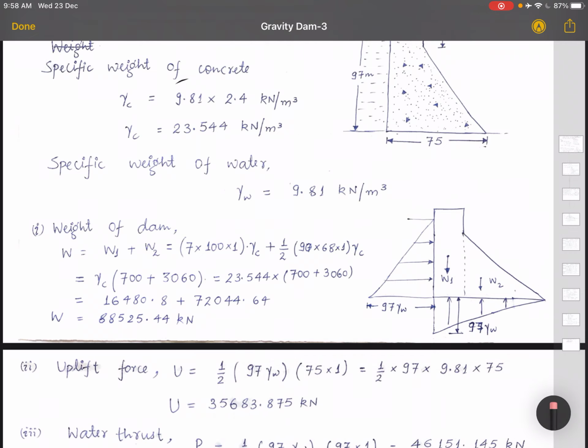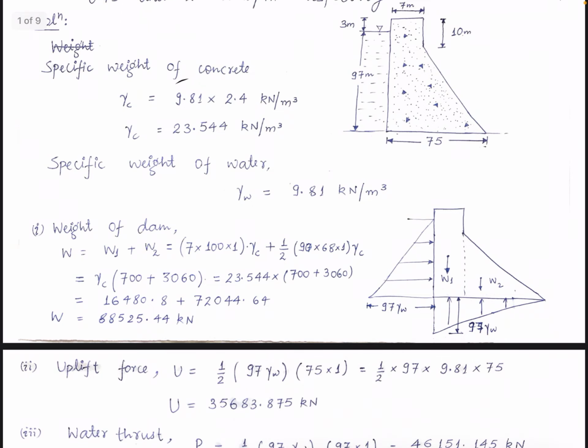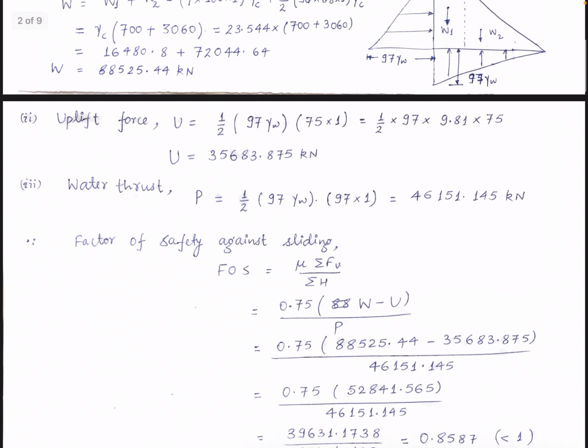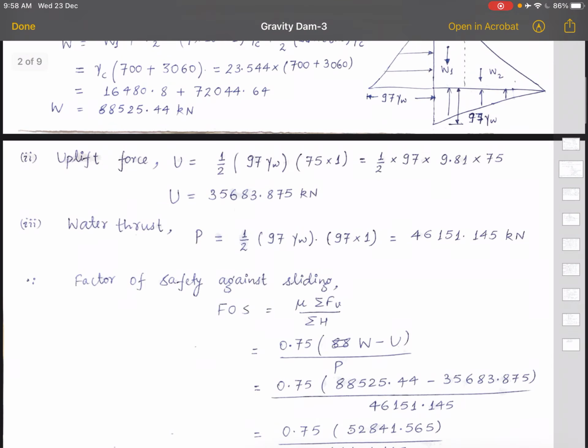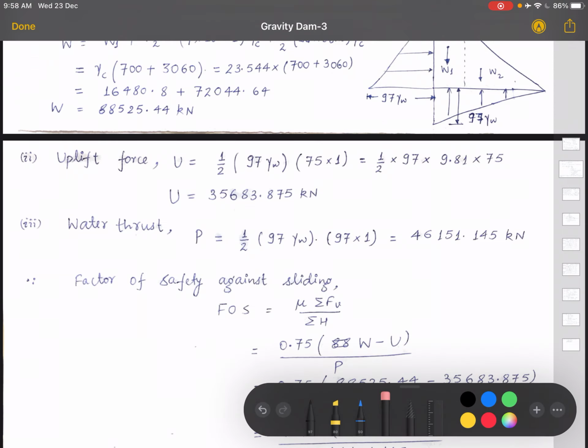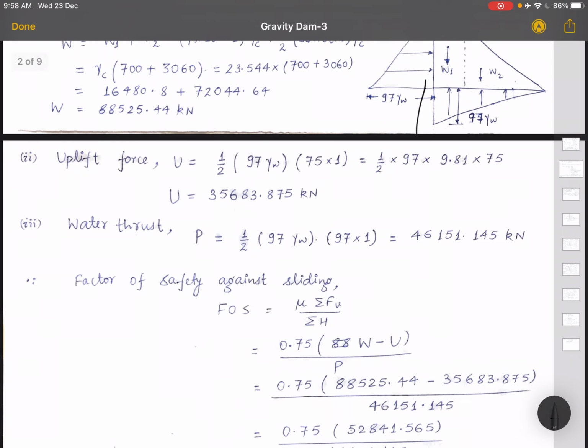Now one more vertical force, that is the uplift force. The uplift force comes from the area of the uplift diagram. So U is nothing but half into base 75 into 97 gamma W, as you can see in this diagram.